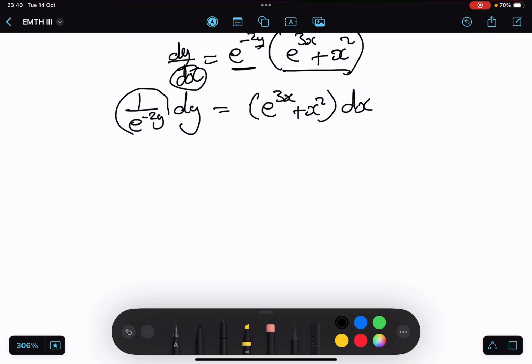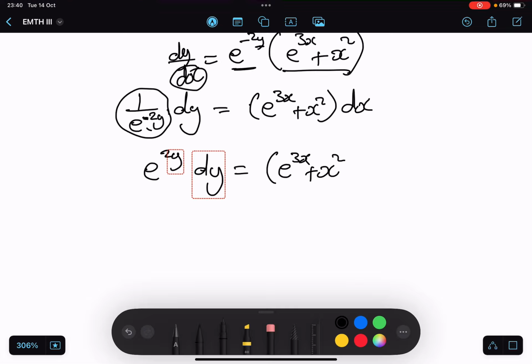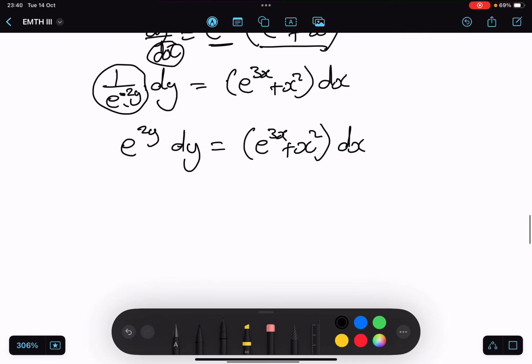We can simplify 1 over e^(-2y) to e^(2y), because the power is negative, so if we bring it to the numerator, the power becomes positive. So this is e^(2y) dy equals (e^(3x) plus x squared) dx. Now we have separated.